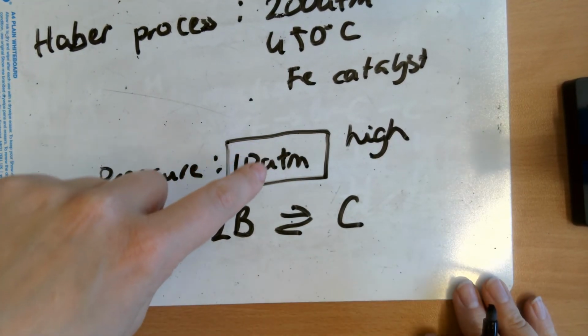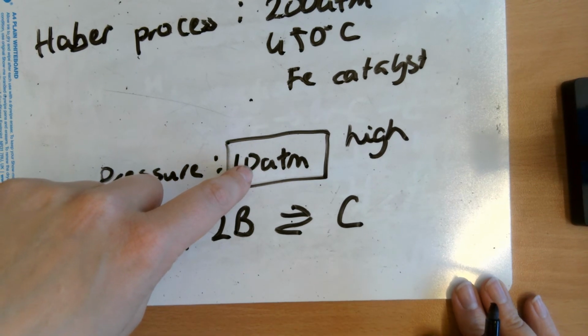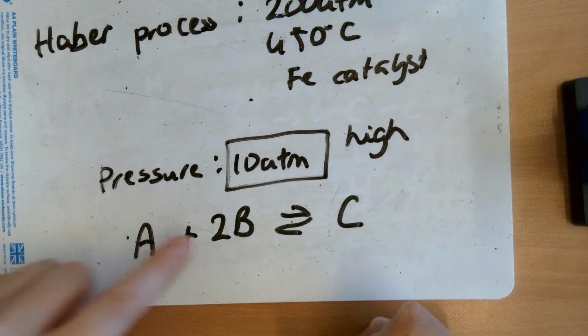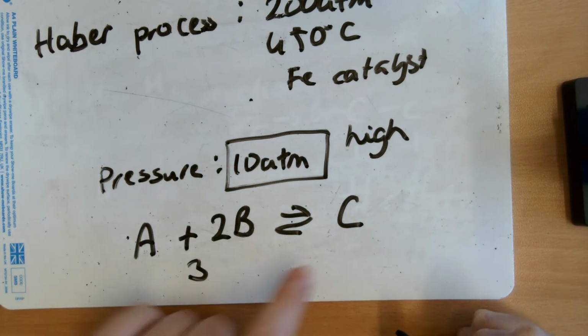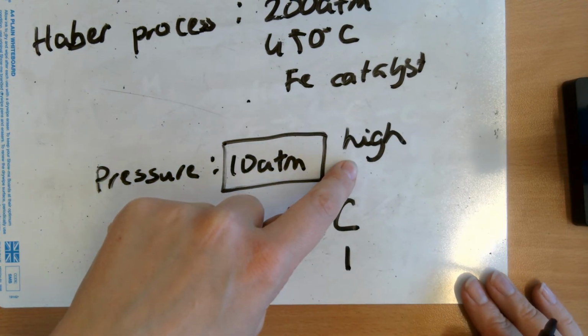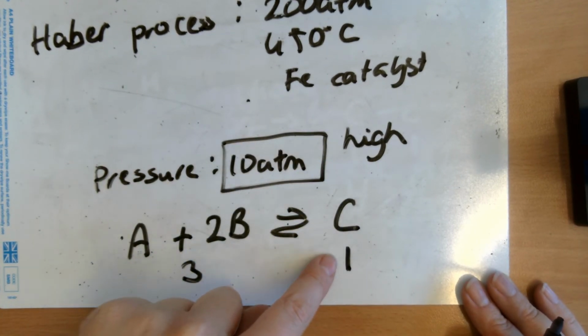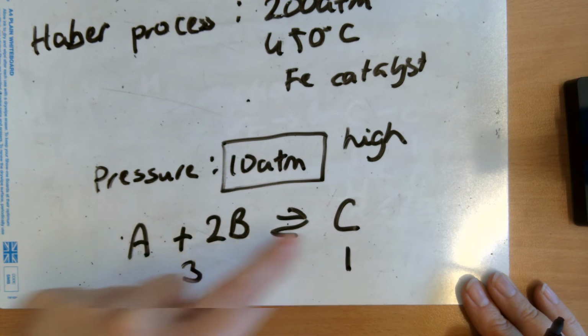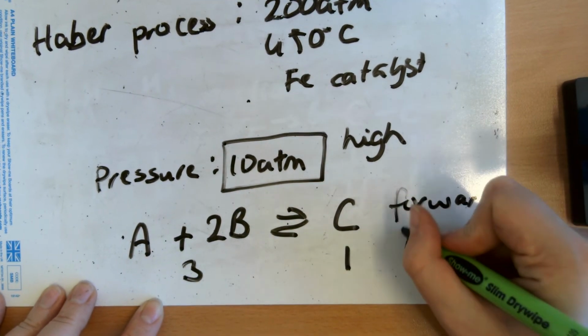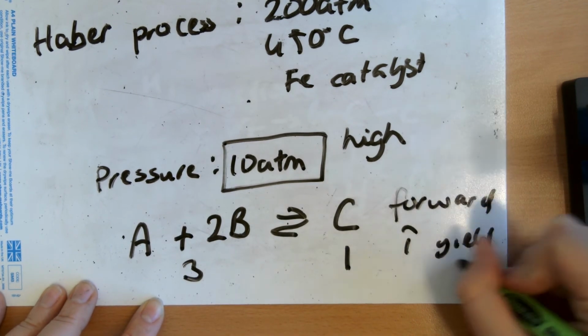And if you're using a high pressure, it favors the side with the fewest molecules. So on the left hand side, I've got 1 A and 2 B's, I've got 3 molecules. On the right hand side, I've just got 1 molecule. So this high pressure favors the side with the fewest molecules, and my high pressure is going to promote the forward reaction, and it's going to increase the yield of C.